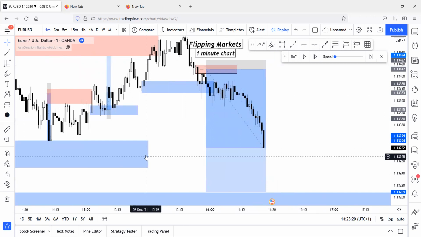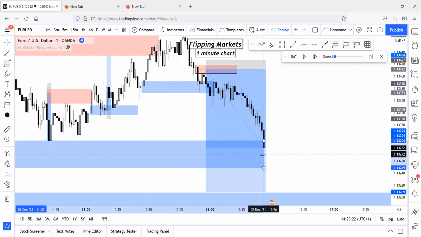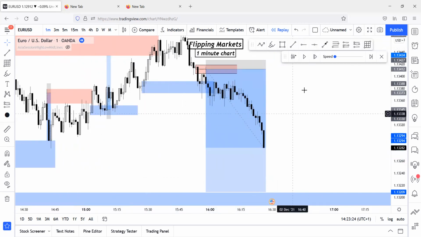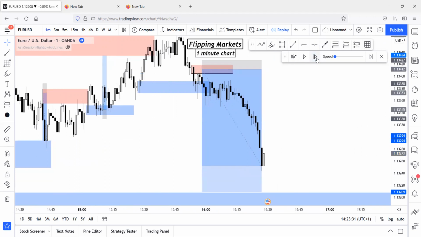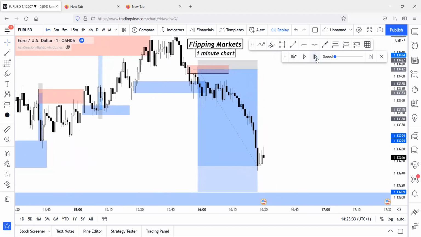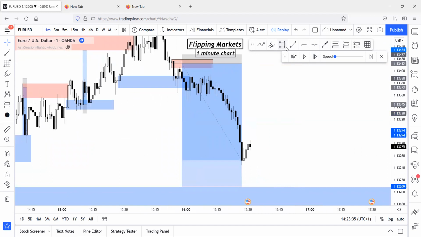And we are currently in the upper demand zone, as you can see. Okay, let's see what happens. Okay, price just broke that demand zone with an impulse movement. And we could actually look for a scalping trade, a continuation trade on this candle.